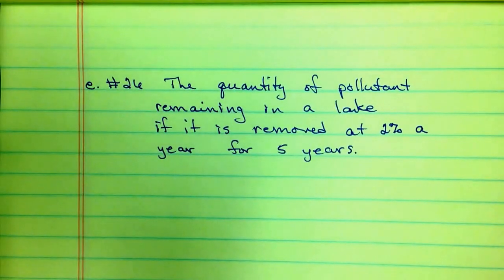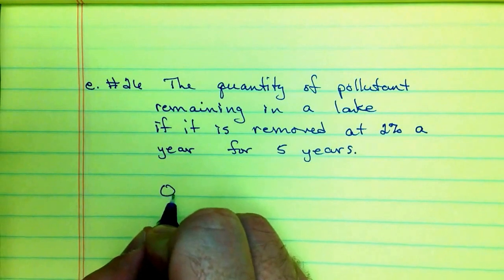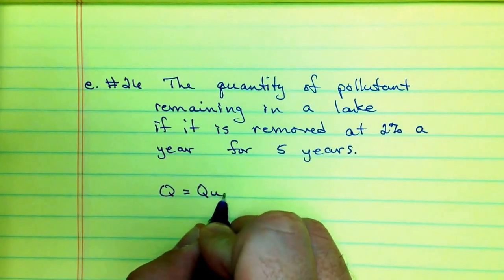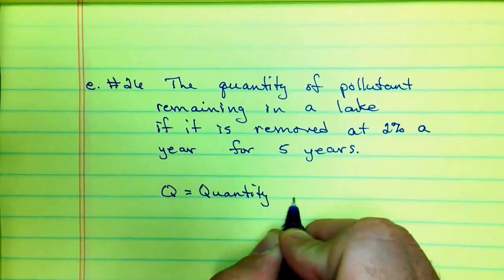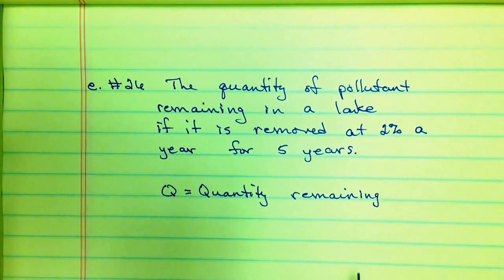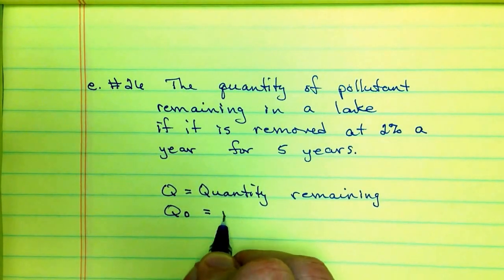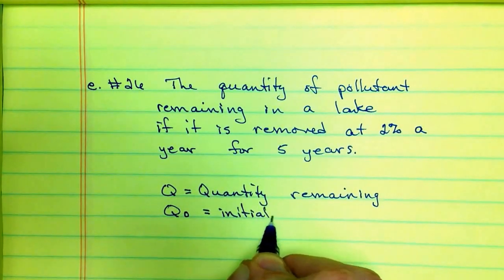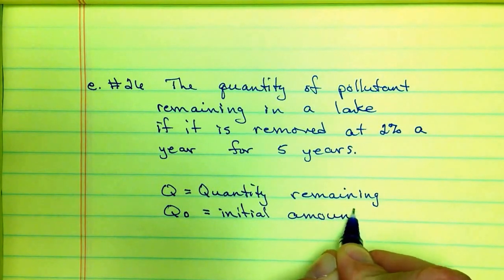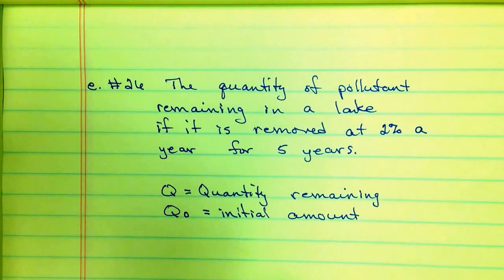Okay, so we want to write this as an exponential expression. So let's see. So we'll say Q is going to be the quantity remaining. And we're not told an initial value, so we'll use the notation Q sub 0 is the initial amount. And that's just the standard thing to do. You always use subscript of 0 to represent your initial.